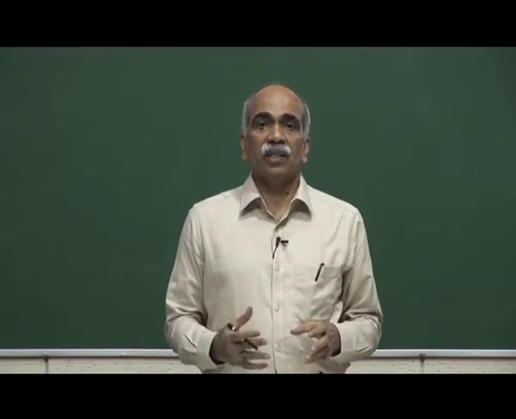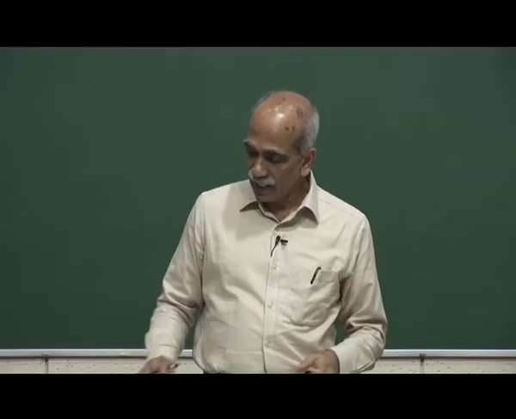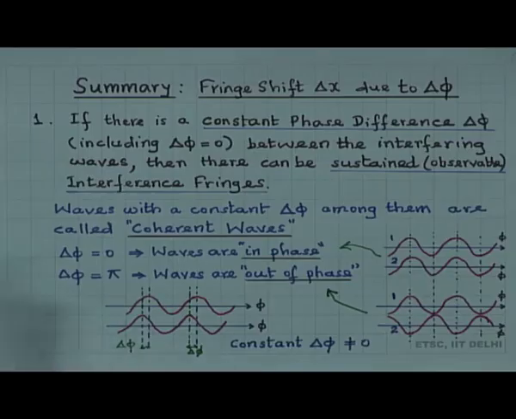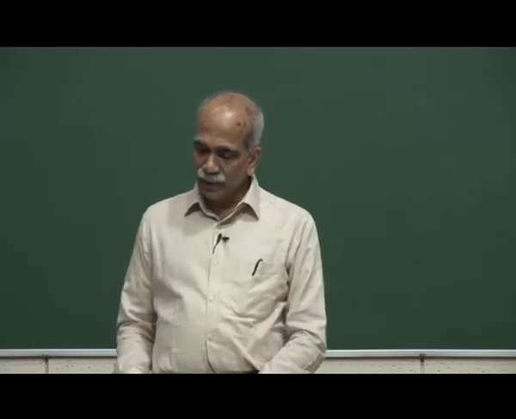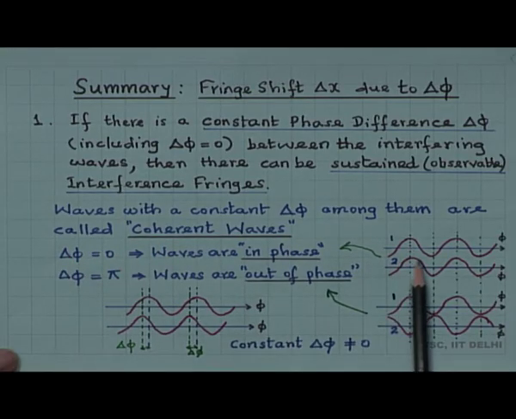The phase difference is 0 means the interfering waves are in phase, and if the phase difference is pi, we call it out of phase. Here I have shown that waves with a constant delta phi among them are called coherent waves. I have shown here delta phi is equal to 0, which means whenever the first wave is maximum, the second wave is also maximum. So this is phi or time.